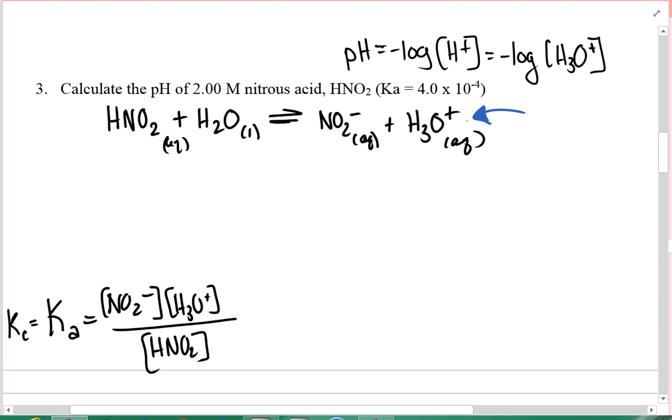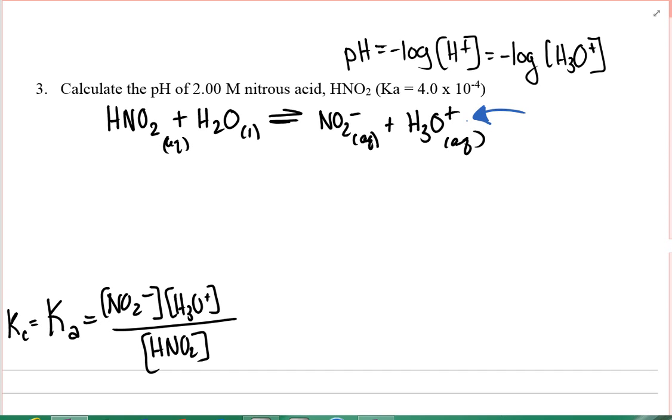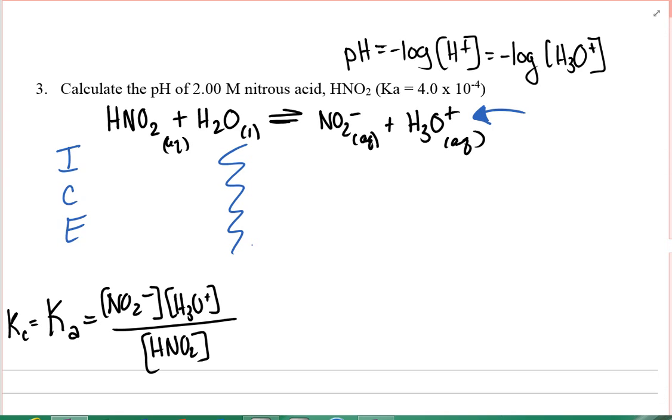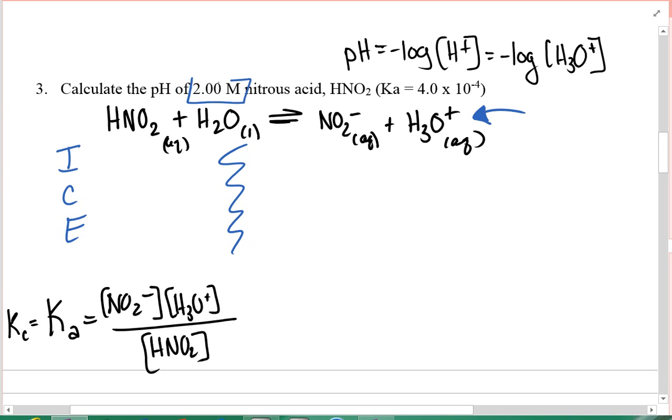Since it's equilibrium and we want to do a calculation involving equilibrium, I can always use an ICE chart to organize my information. In my ICE chart, I'm going to ignore water because it's a liquid. I leave liquids out of my K expression, so we ignore them in our ICE chart. We're given a concentration of the nitrous acid.